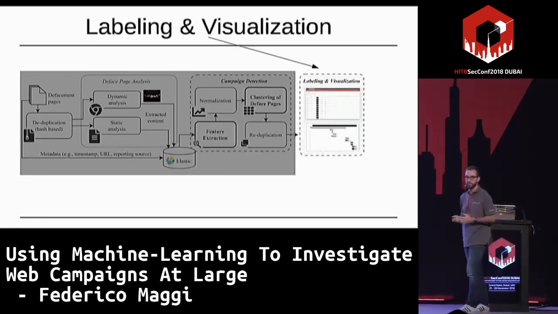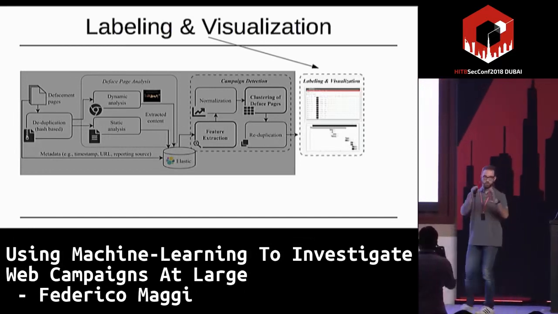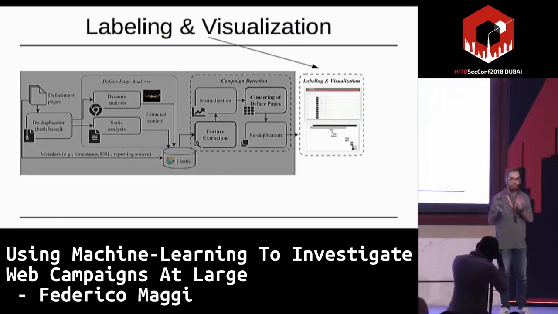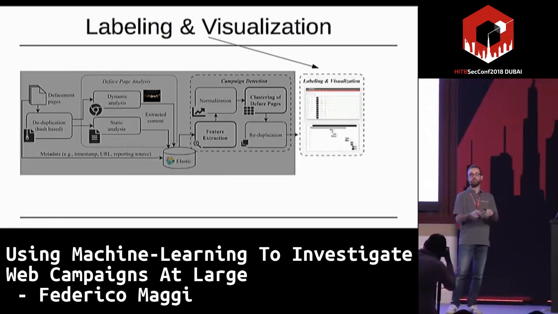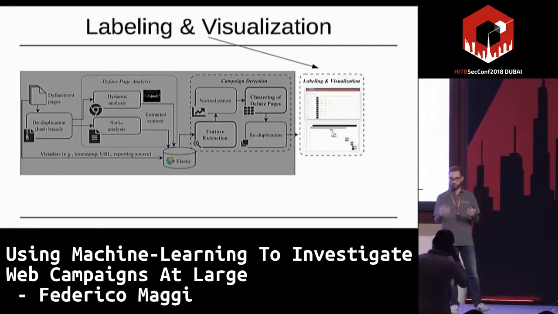At the end of the pipeline, since this is meant to be a tool for exploration, for manual analysis of large corpuses, we have a nice web interface where the operator can just query for keywords or modify how the clustering happens or choose only some features for the clustering, all at runtime.